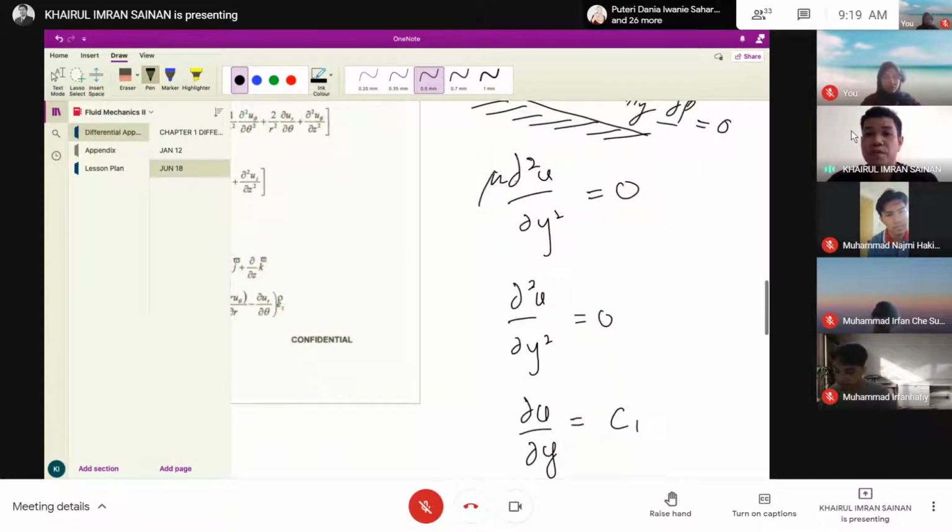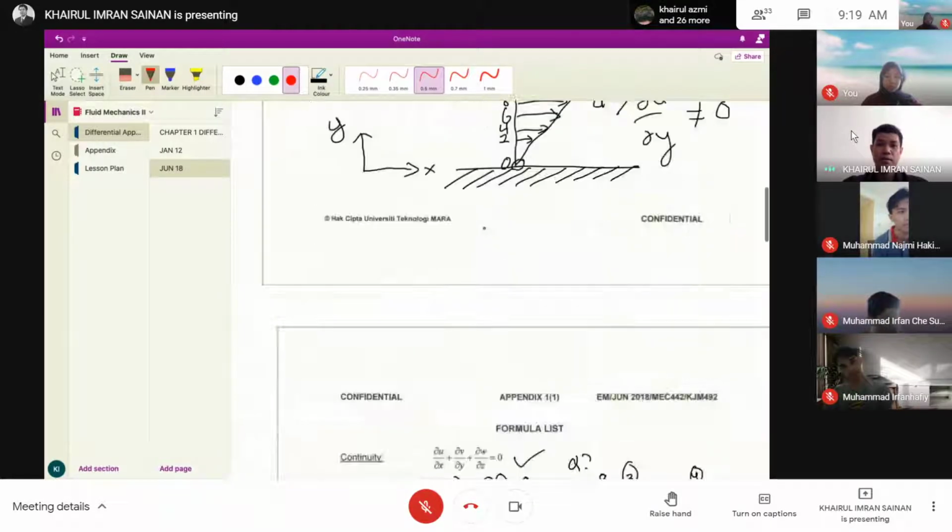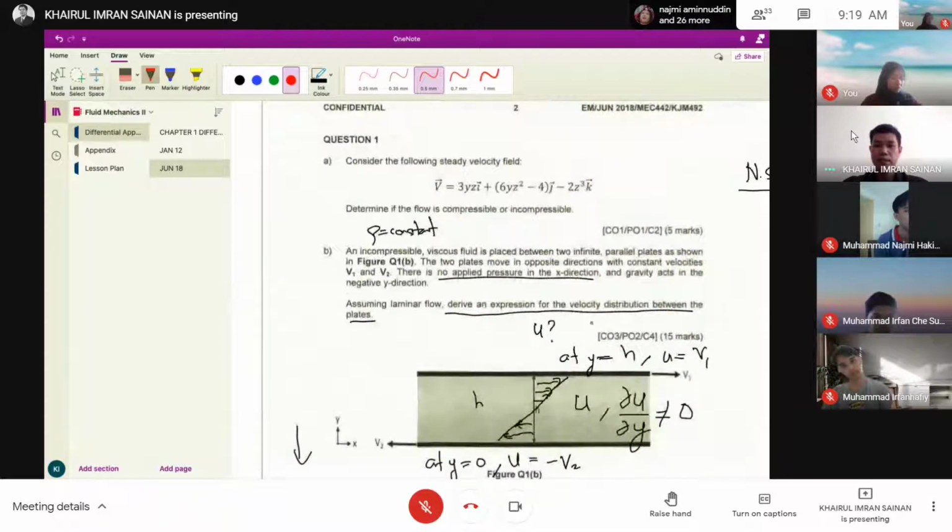What we want for this case is u. We want to know what the u equation is, and it's based on the question: derive an expression for the velocity distribution, meaning u.